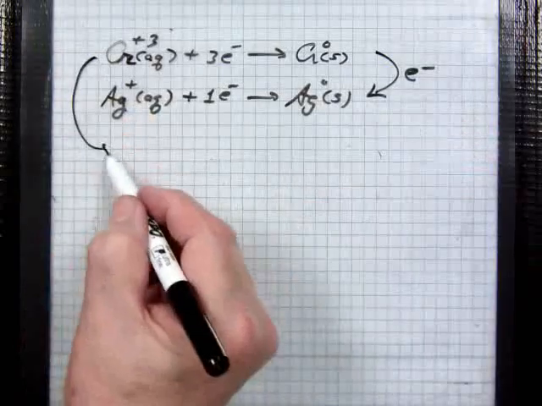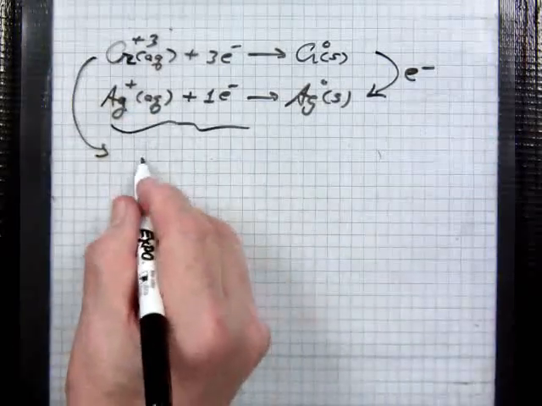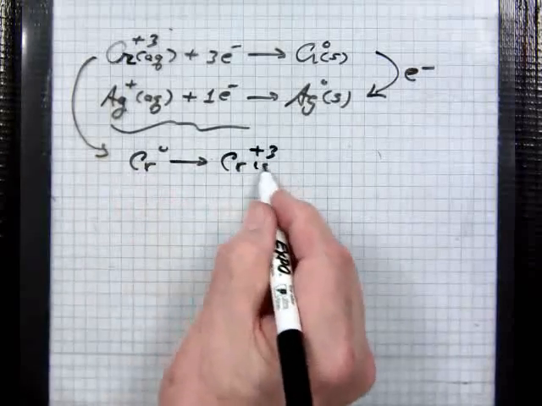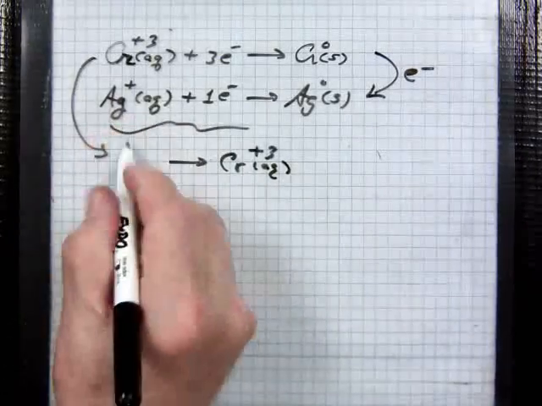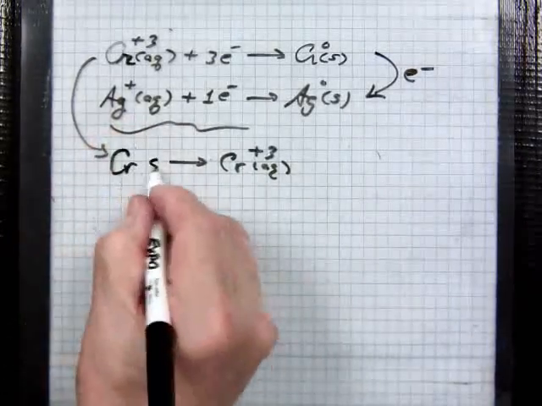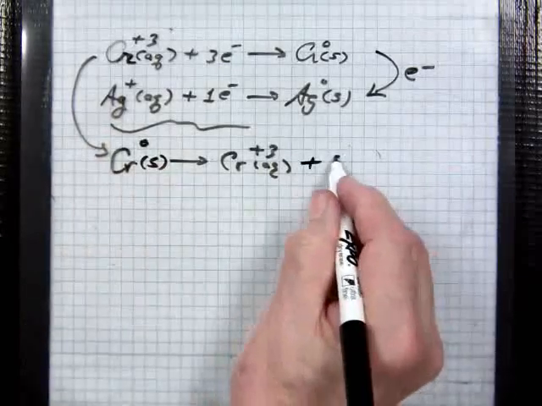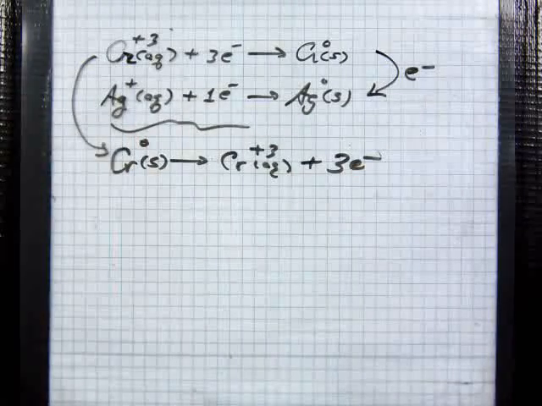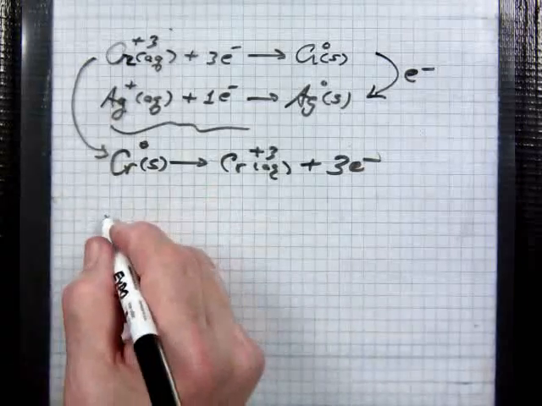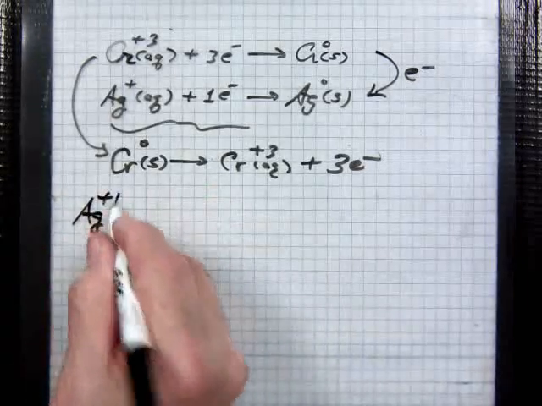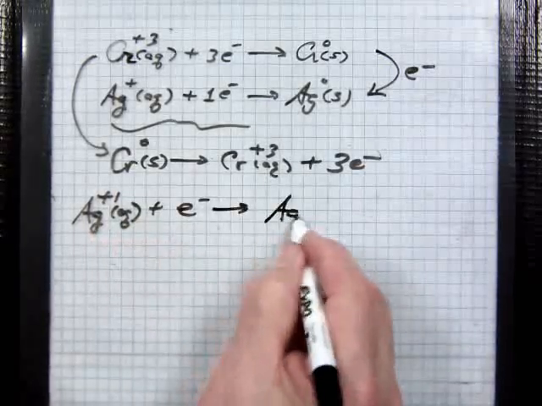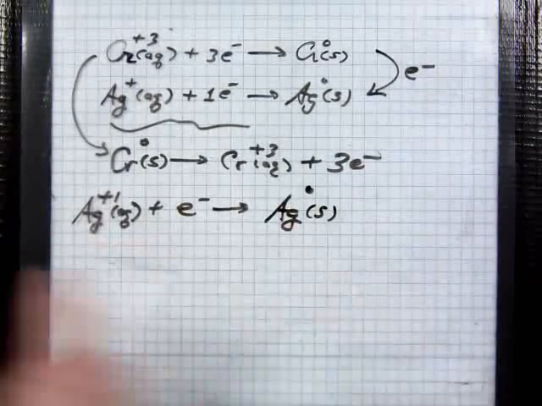So I'm going to rewrite this pairing, and I'm going to write chrome as a solid goes to chrome 3 plus aqueous, plus 3 electrons, and then silver is going to be on the low end, it's going to be receiving. That means if it's receiving, it's reduction. So we're going to show that as a reduction reaction. Silver 1 plus aqueous plus 1 electron goes to silver reduced and comes out of solution, and that's called silver plating.